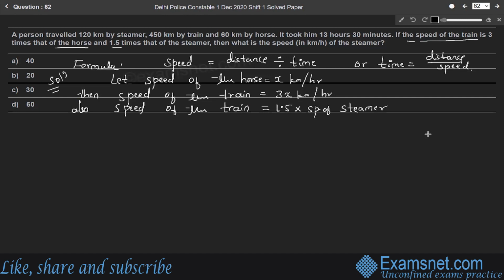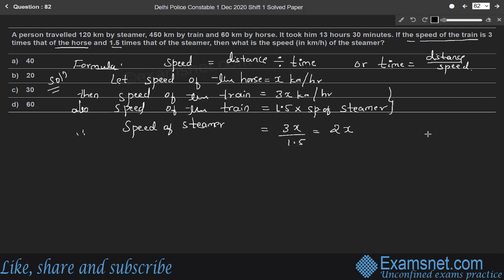Right? Therefore, we can equate these two. So the speed of the steamer is equal to 3x by 1.5, which is 2x. Right? So come back to the question.